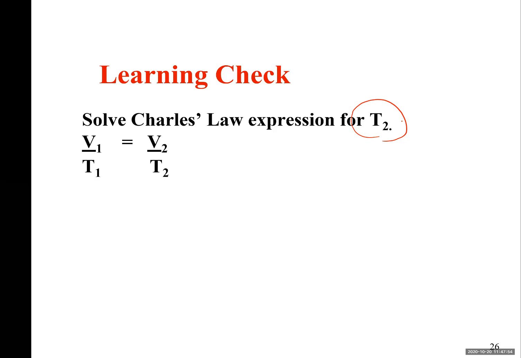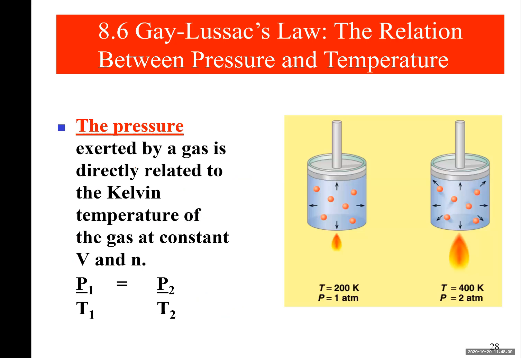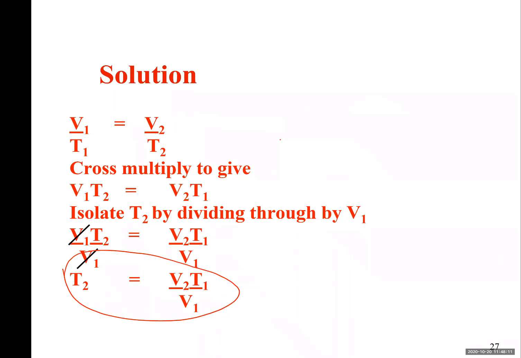Good job, guys. Did you get this? How did we do that? Well, we do cross multiplication here, which means V1 times T2 is equal to V2 times T1.